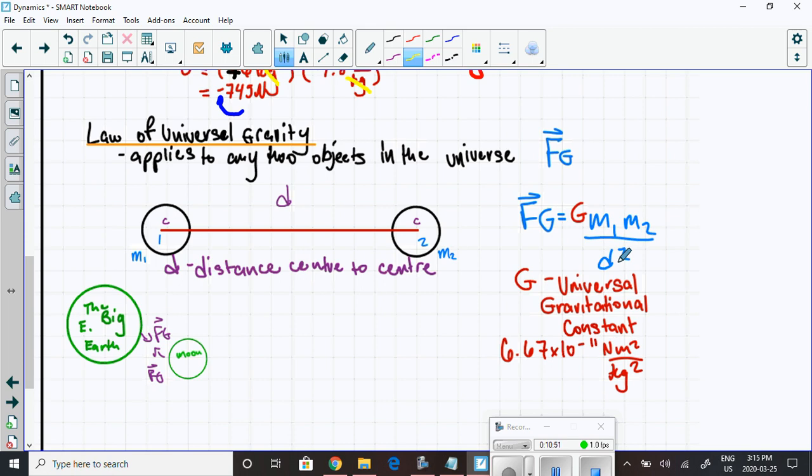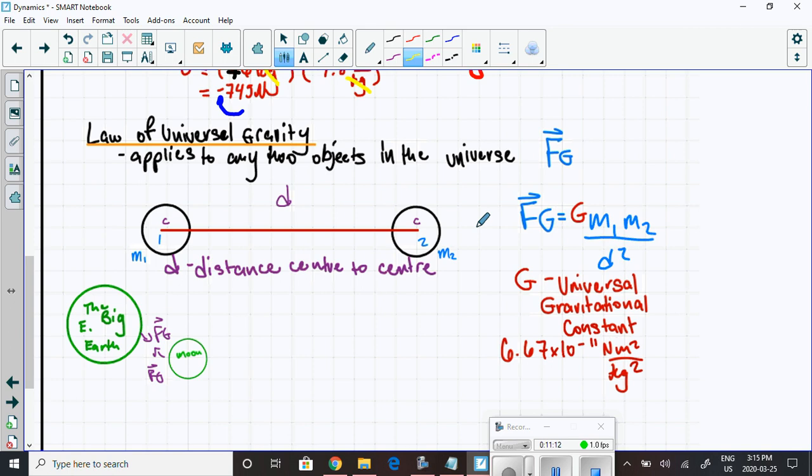So for example, let's say you have mass 1 here and mass 2 here. This could be the Earth and the Moon, and you want to find out the force of gravity between them. Well, you'd have to know the distance between the Earth and the Moon, the mass of the Earth, and the mass of the Moon.